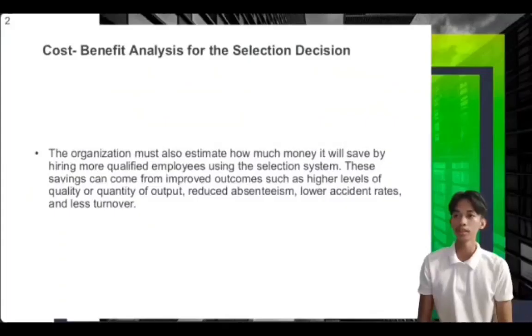Indirect costs include changes in public image associated with implementing procedures such as drug testing. The organization must also estimate how much money it will save by hiring more qualified employees using the selection system. These savings can come from improved outcomes such as higher levels of quality or quantity of output, reduced absenteeism, lower accident rates, and less turnover.